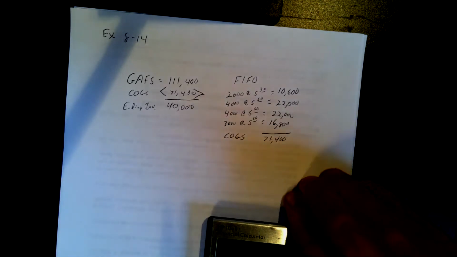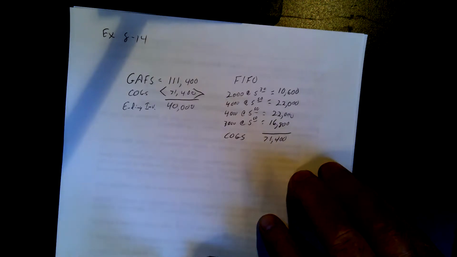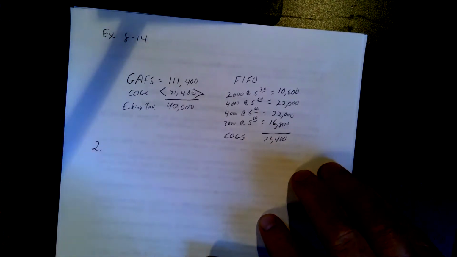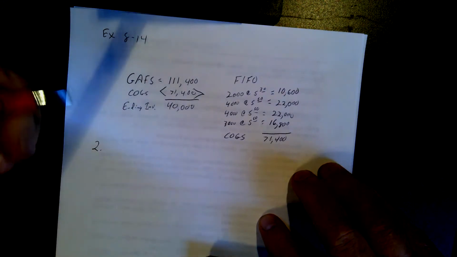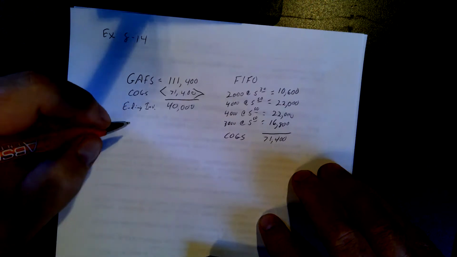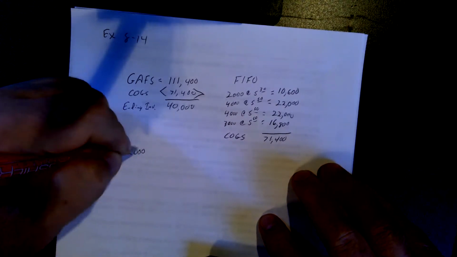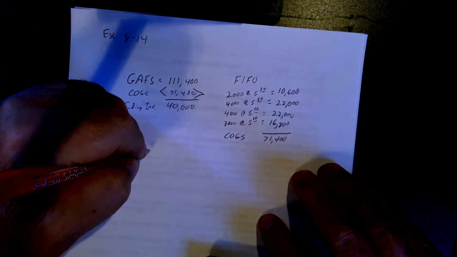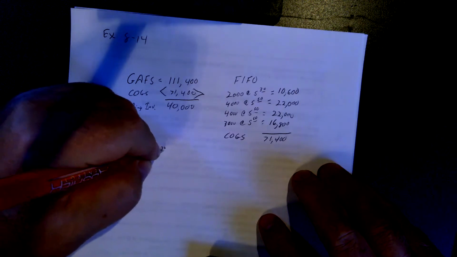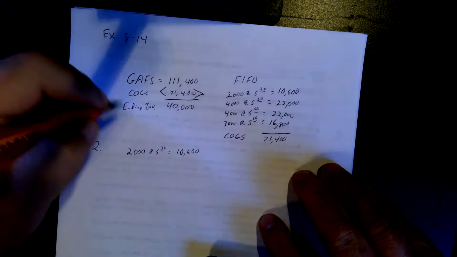All right, next, now we have to do the average cost system, and this is a little more involved. Okay, so part 2 on the average cost with a perpetual, because we don't just add them all up and then take the average. We take the average at the time of sale. So our first sale is going to be 2,000 units at 530. And we know that answer is 10,600.